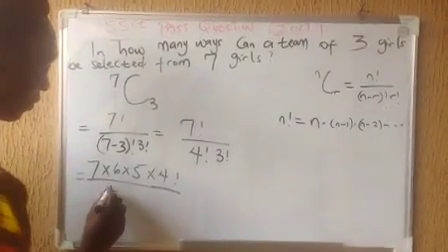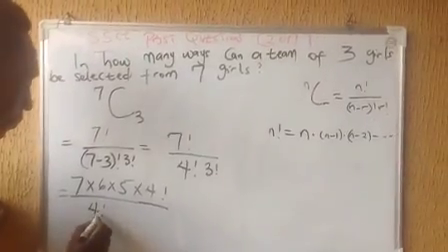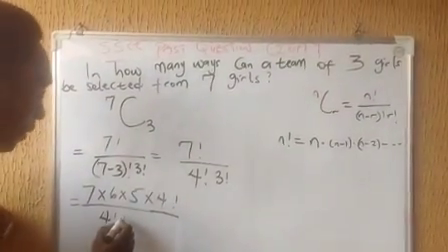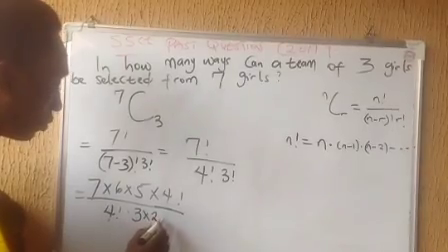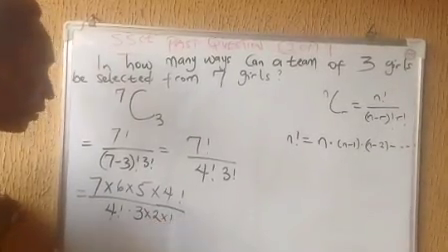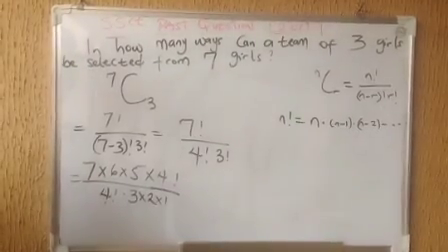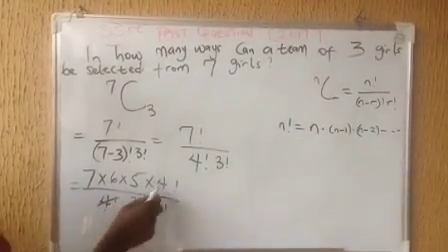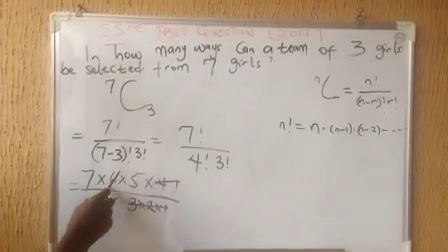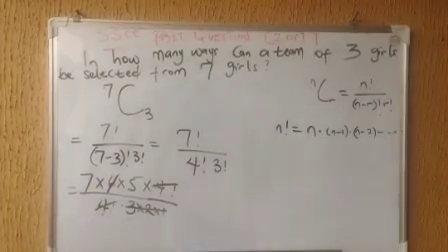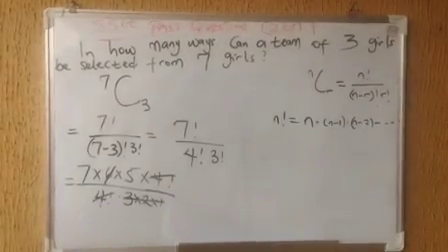Then 4 factorial, because I want 4 factorial to divide 4 factorial, times 3 times 2 times 1. So this will cancel this, and this can cancel this, because 3 times 2 is 6 and 6 can cancel 6.